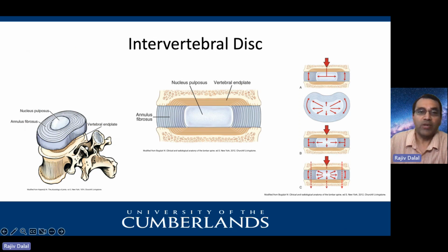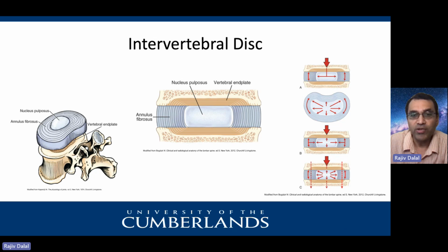So generally, when we talk about the intervertebral disc, there's two main components of the disc that you're probably familiar with. However, there's a third portion that we do need to consider as well. So the two main portions of the disc are the nucleus pulposus and the annulus fibrosus.